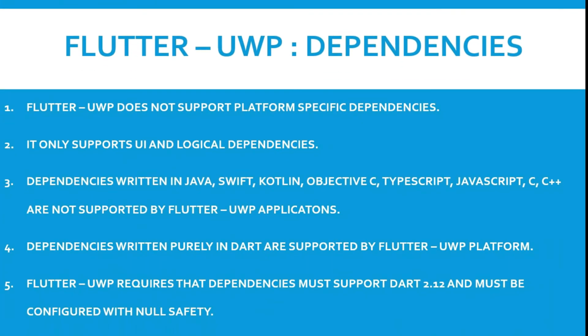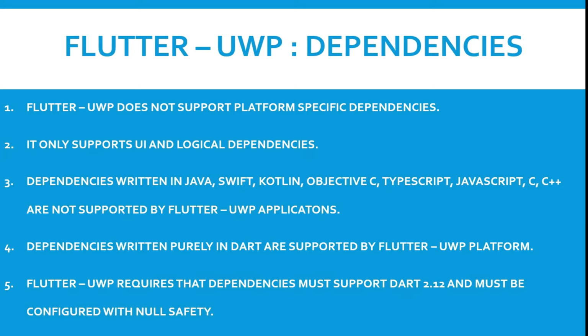Beginning with the first question: which dependencies does Flutter UWP support? Dependencies are external code written by some other programmer that we wish to use in our project. Flutter UWP does not support platform specific dependencies.